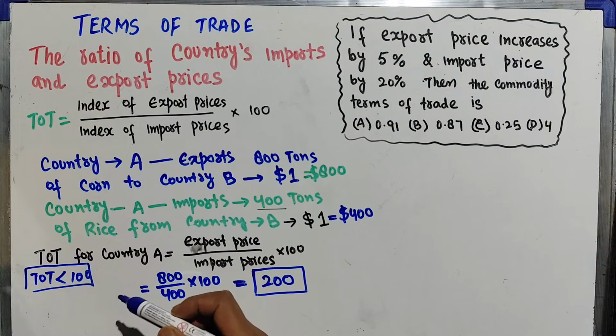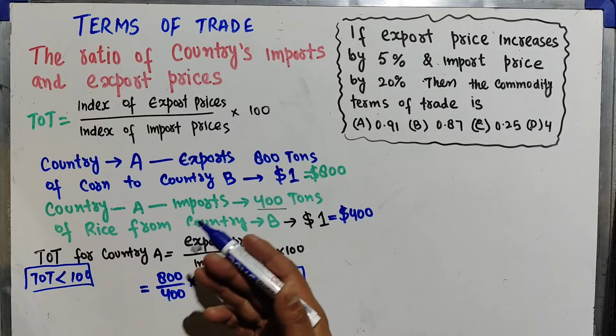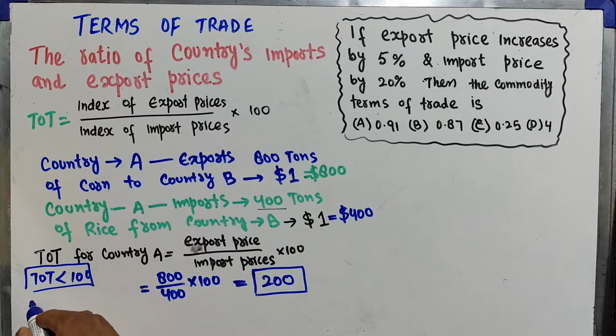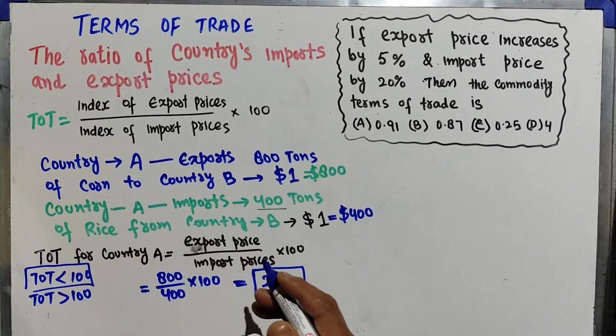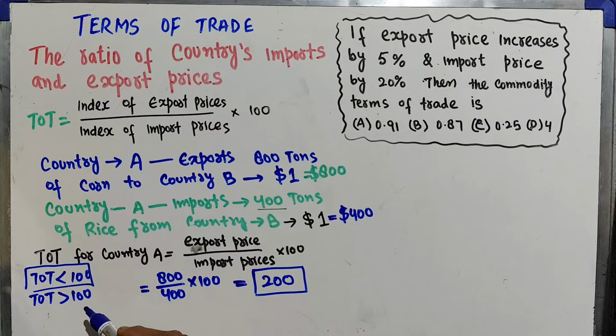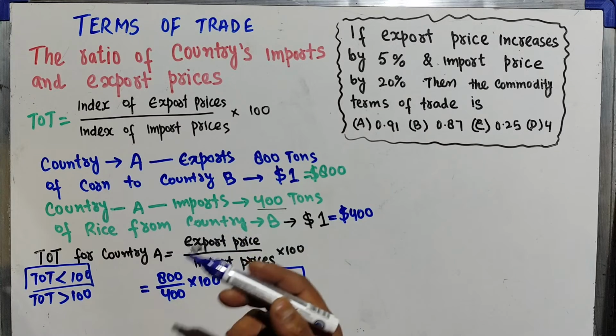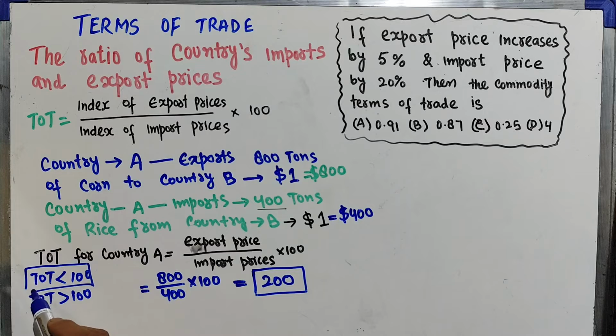In this case, the country is earning less money from exports and spending more on imports. Similarly, if terms of trade is greater than 100, it means the country is earning more from exports than it is spending on imports. So terms of trade less than 100 is considered unfavorable, and terms of trade greater than 100 is considered a favorable situation for any country.